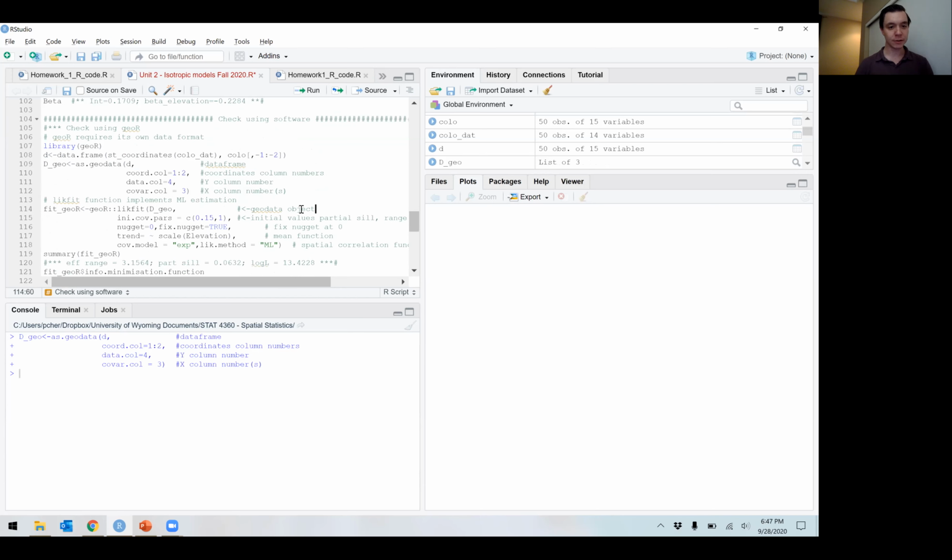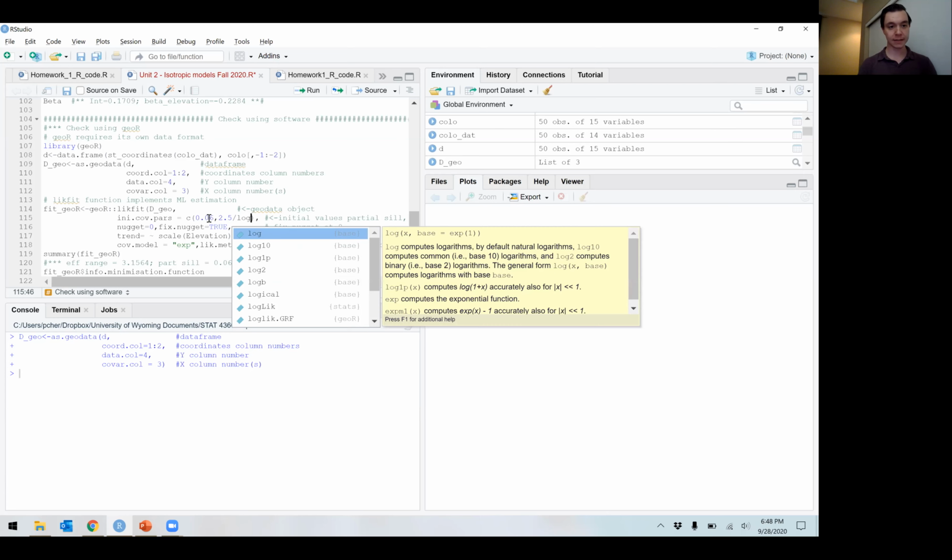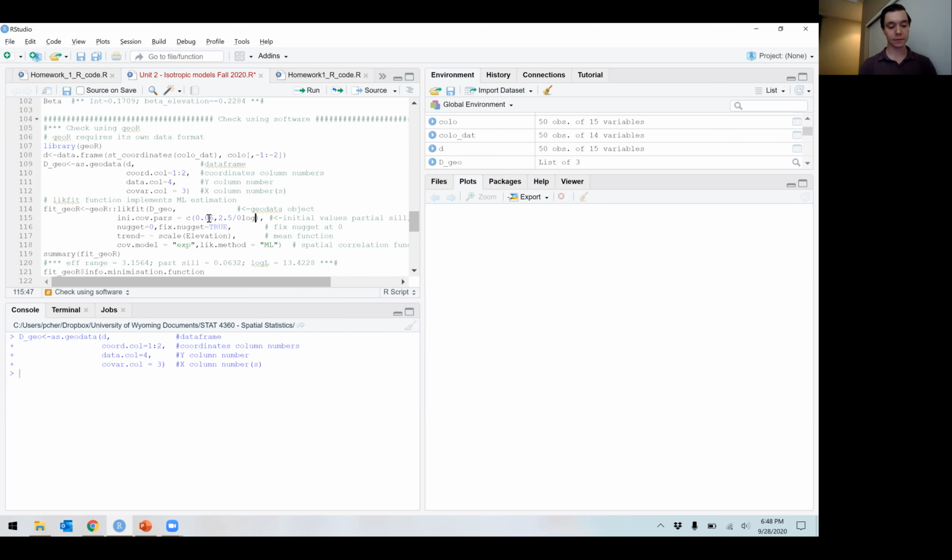So here is the geodata object. Here are our initial guesses. I could set this back down to 0.06, which would match the initial guess that we put into the MLE equation. We can set this to be the same as well: negative log 0.05.